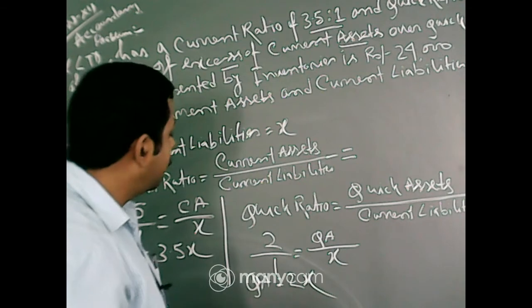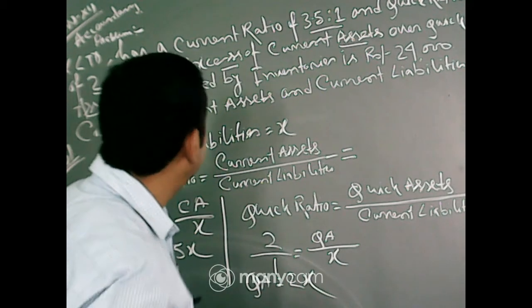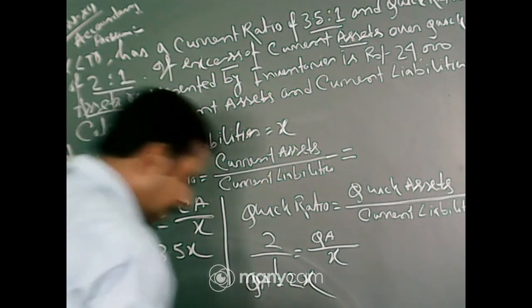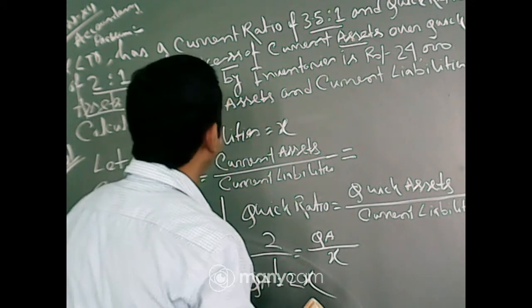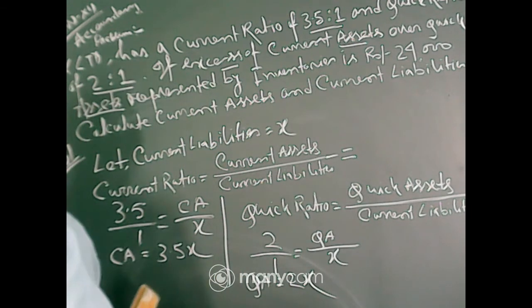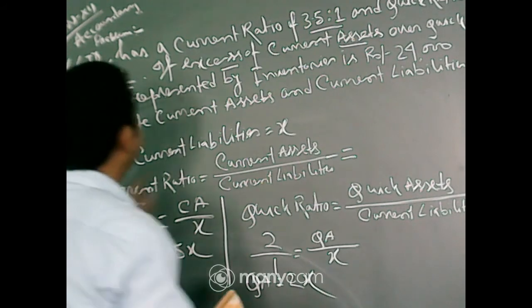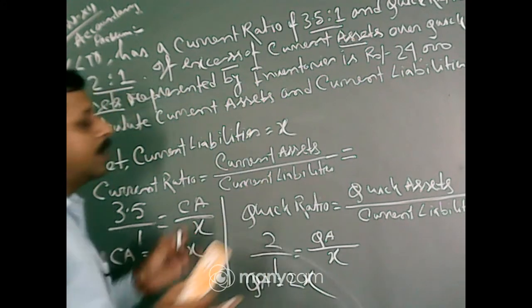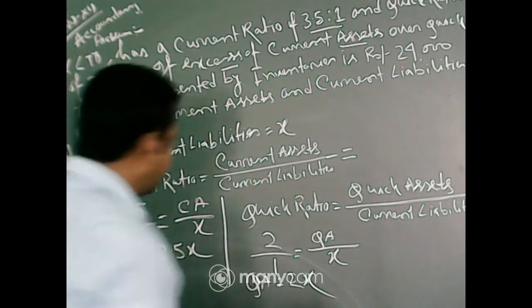quick assets is 2x. Now in your problem you can see it is given that the excess of current assets over quick assets is represented by inventory. So the difference between current assets and quick assets is because of inventory, that is 24,000.